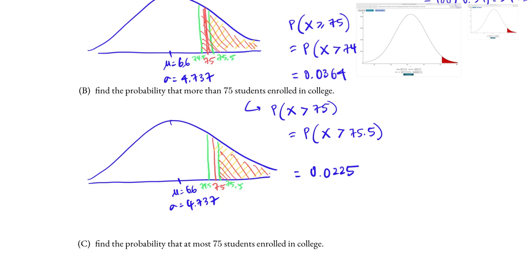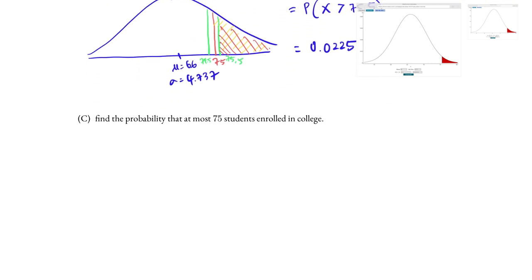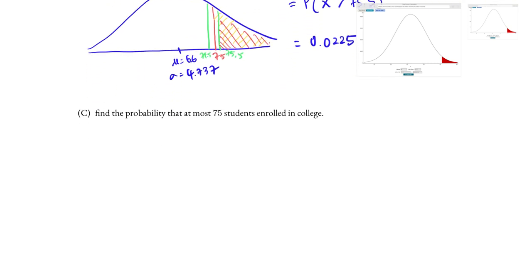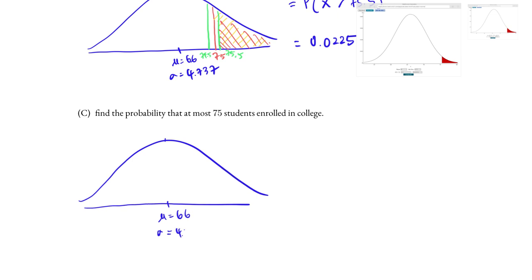Next, find the probability that at most 75 students enrolled in college. Again, a different probability problem. Draw the normal bell-shaped curve. The mean is still 66 and the standard deviation is 4.737. The value that we are interested in is 75, which is to the right of the mean 66.